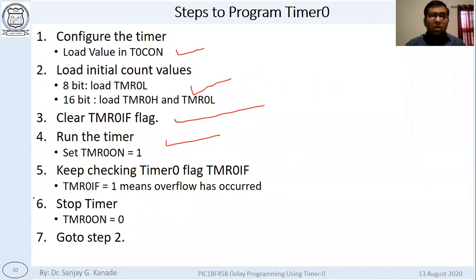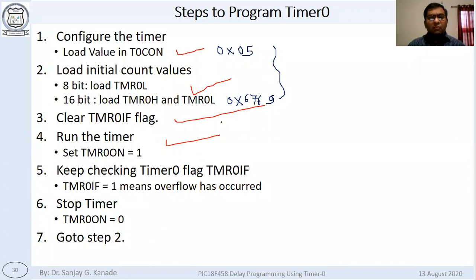See, these are the same steps. Load T0CON, that we have done by loading the value 05. Load the initial count, we have done this by making the initial count 6769. These two are based on calculations that we have performed.